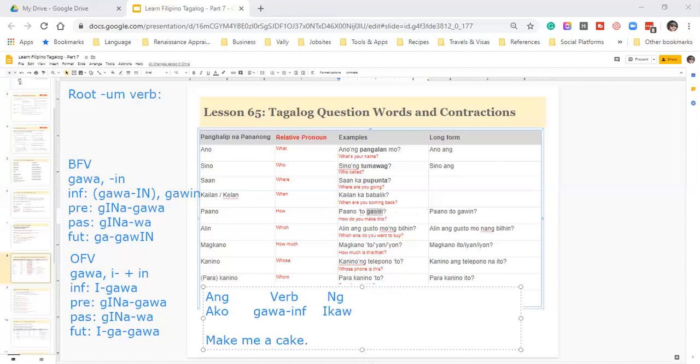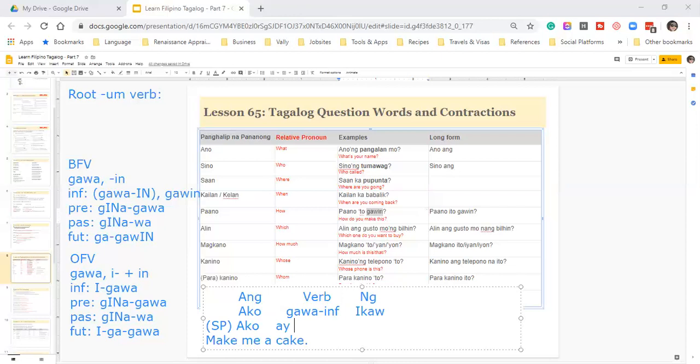So here, basically you're gonna make the sentence. You're gonna start with SP, subject predicate. So what would be your ang case? Ako, yes, predicate marker ay, verb infinitive gawa.